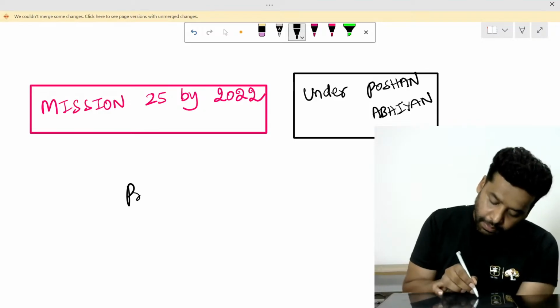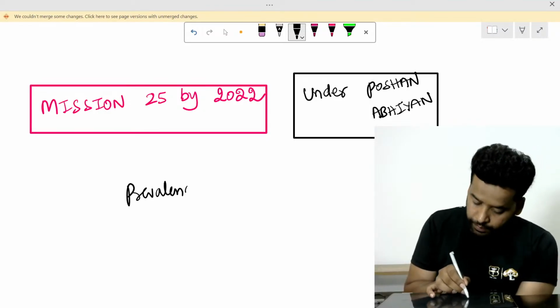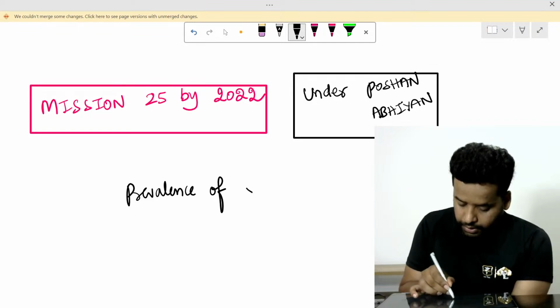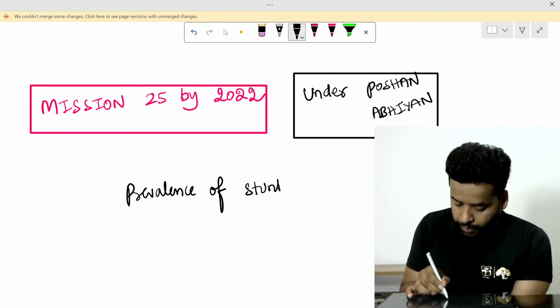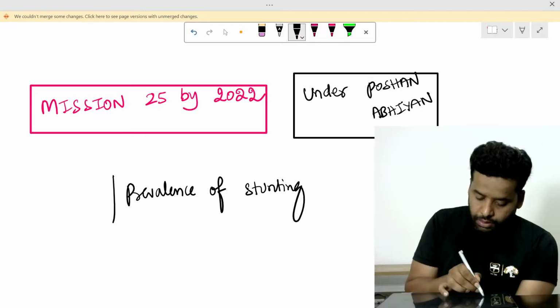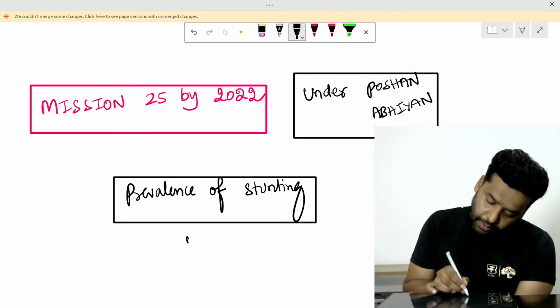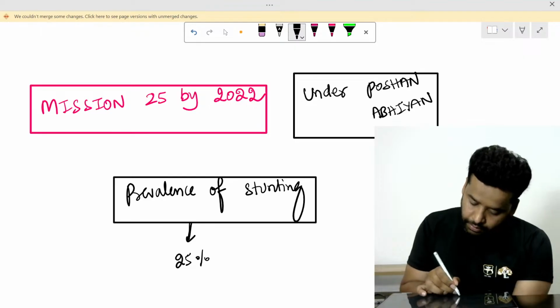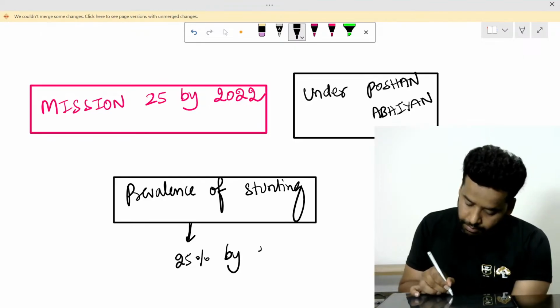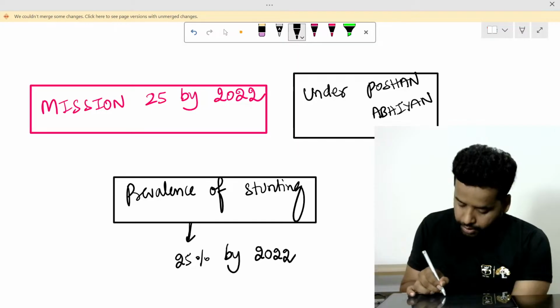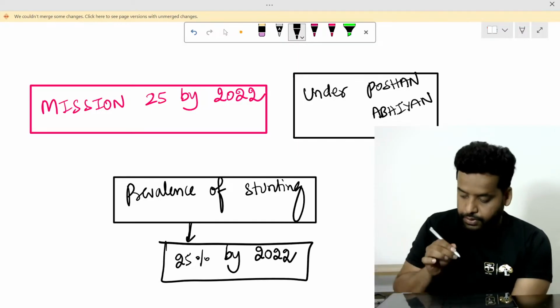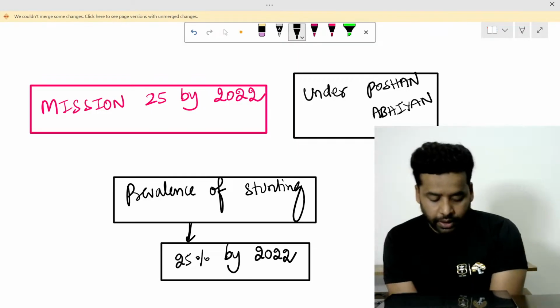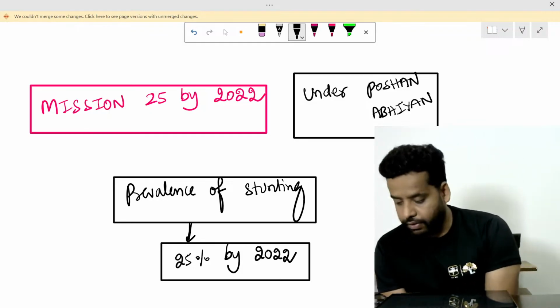To achieve that, the prevalence of stunting should come down to 25% by the year 2022.